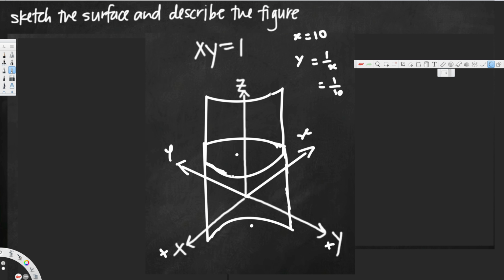This one, since we are drawing it like this, will not appear, so to illustrate, I put a dotted line right here. This is the behind graph, and this is the front graph.